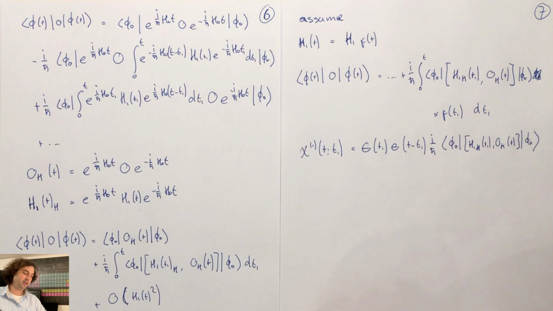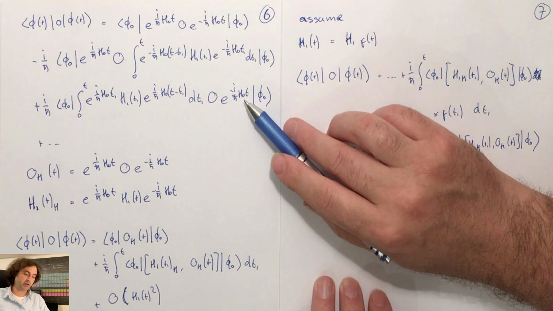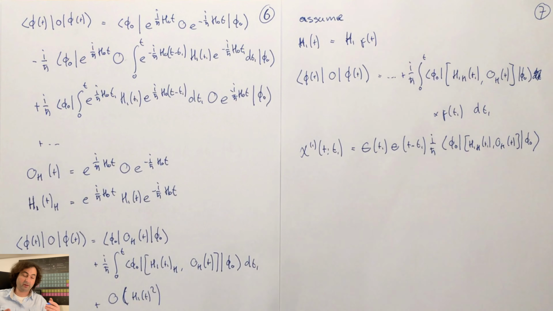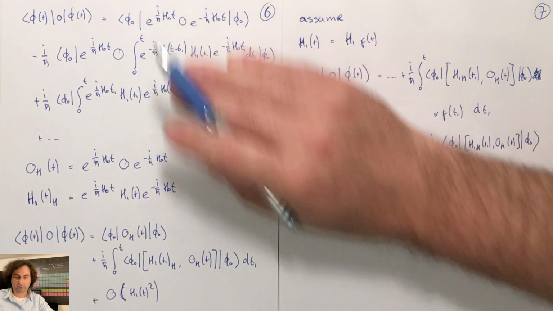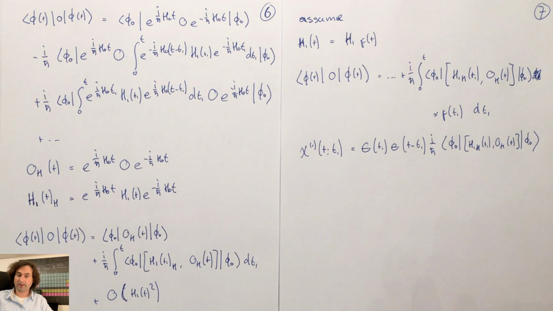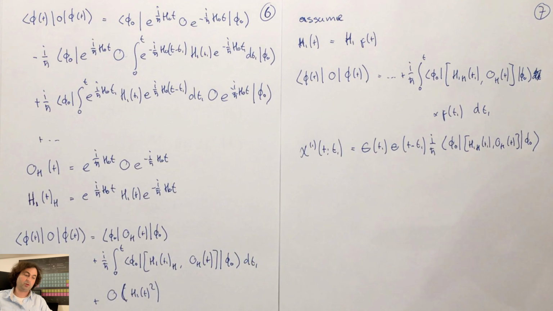In general, both t and t1 are important for your susceptibility. If your wave function is not an eigenstate of h0, then the propagation with h0 will induce some non-trivial dynamics, and then it matters at which point in time you make a perturbation to it and then do a measurement. Now, when psi 0 is an eigenstate of h0, then the dynamics that you get on the bra and the ket side just will be a phase and they will cancel each other. So at that point it doesn't matter anymore at which time you do your experiment.